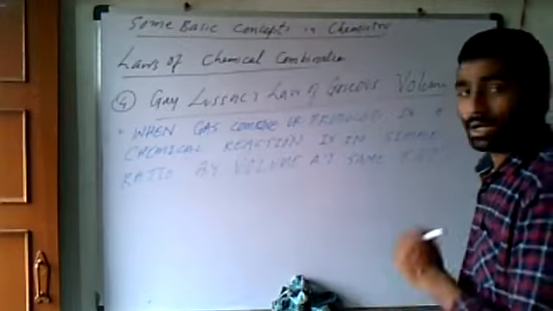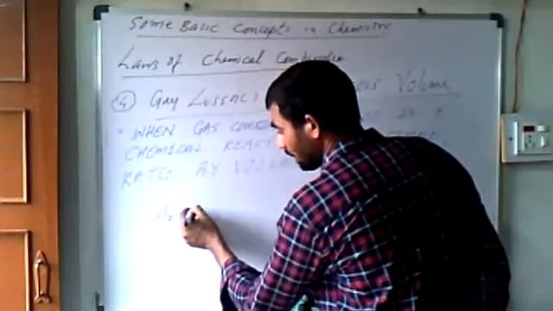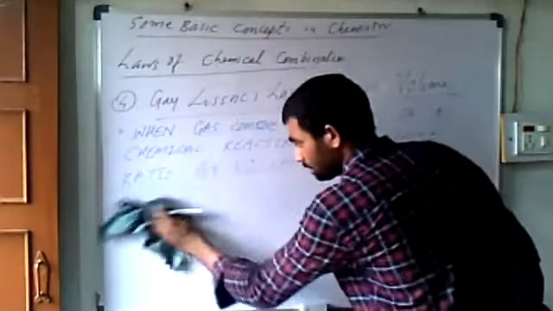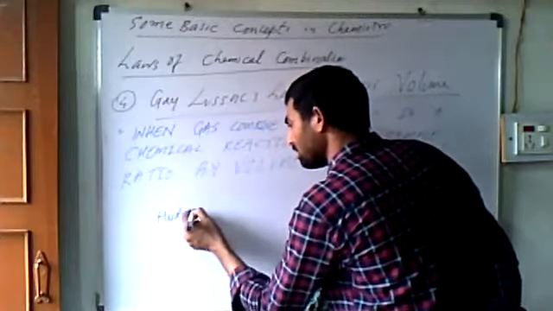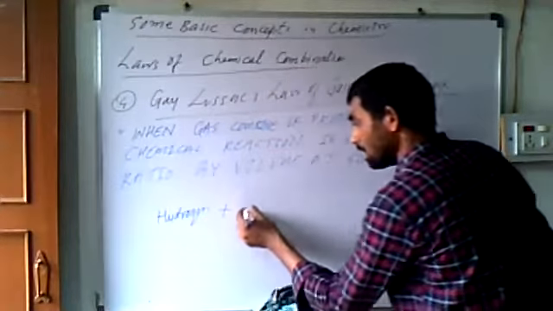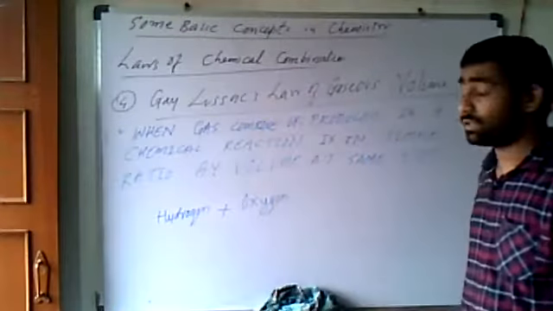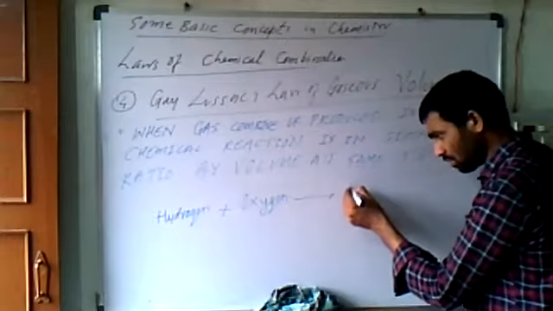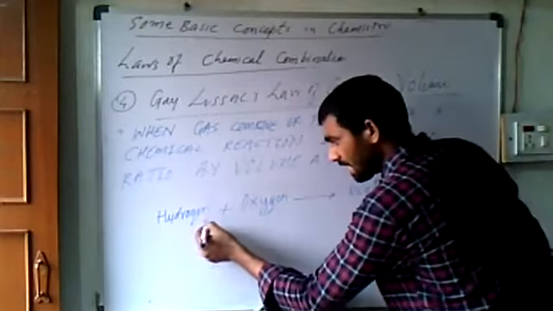Now, I will write here hydrogen, same example. What we have seen for John Dalton's law of multiple proportion, it is forming, suppose, water. So we are using the gaseous form.